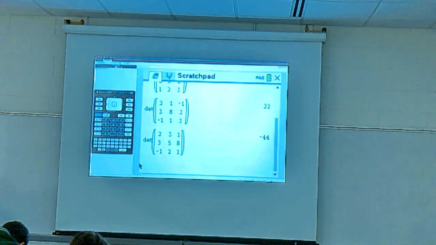Our solution. Determinant of A1, we said was what?